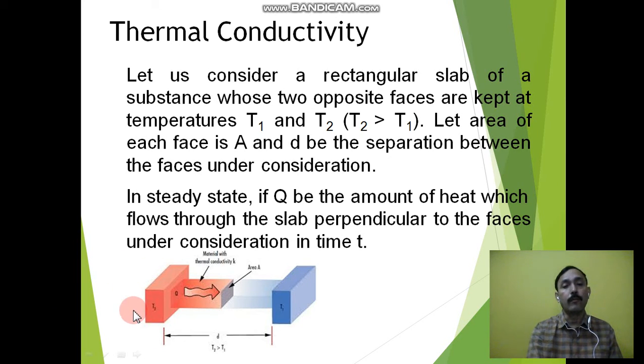So this is the hot body; its temperature is T2, and this one is the cooler part; its temperature is T1. Its area is A, and these two are separated by a distance D. Here T2 is greater than T1, so heat will transfer from the hot part to the cold part.